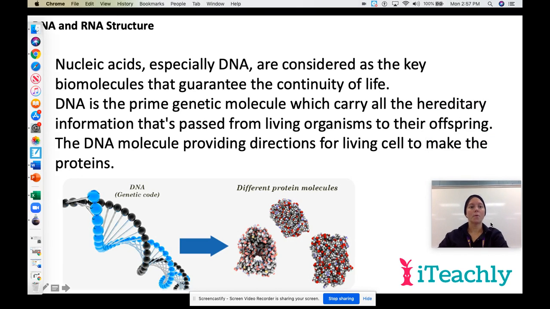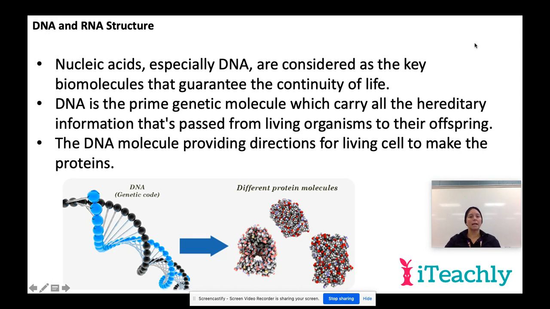So, what is a nucleic acid? As a review, remember those nucleic acids are a macromolecule. Those macromolecules, or biological molecules, are one of the four components that make up all living things.